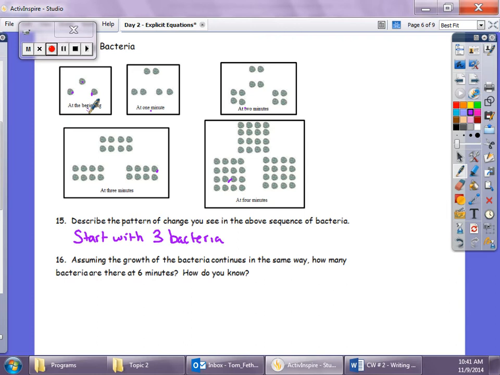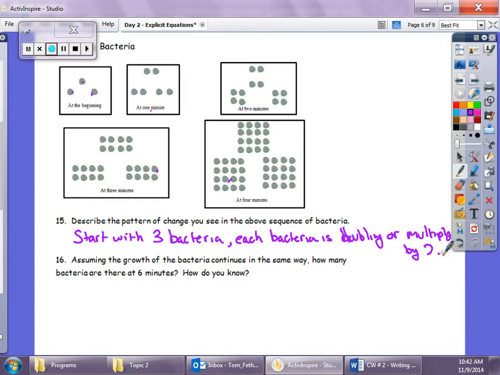Well, it goes from 3 to 6 to 12 to 24. So each one's doubling, or we're multiplying by 2. So it's doubling. Each bacteria is doubling, or multiplying by 2. So doubling and multiplying by 2 mean the same thing.